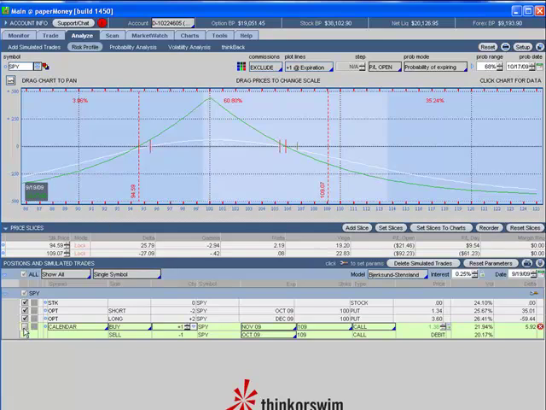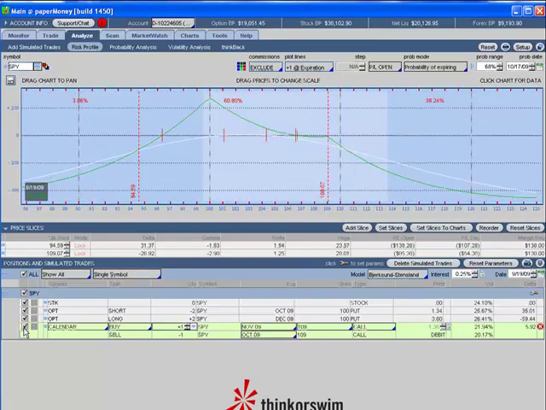Now if I was to put this calendar spread on the upper side, I remove some of my risk on the upper side and raise my break-even point, but what do I have to pay in return? It looks like our profit drops to about $300, so we're giving up some profit. In fact, I would project that the profit we're giving up is the cost of putting that trade on the upper side. So it's important to understand that we never get anything for free.